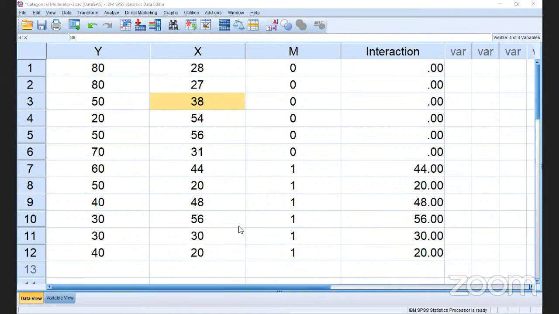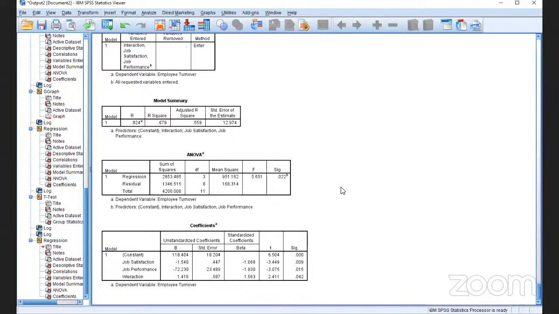Now we check the output. Now this is my output. In the coefficient table we can see significance for all three.